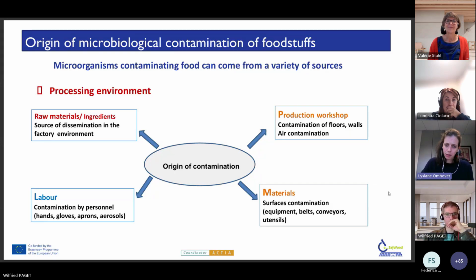Microorganisms can come from materials which are sources of contamination, for example, equipment, belts, conveyors, or utensils. And then contamination by personnel can be another source, with hands, the use of gloves, apron, or aerosols.